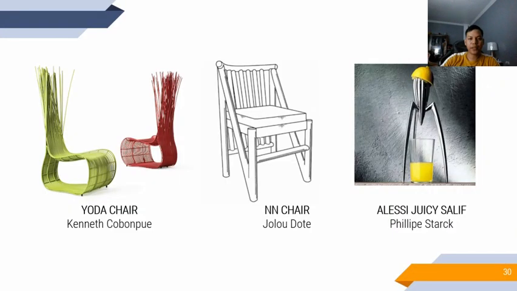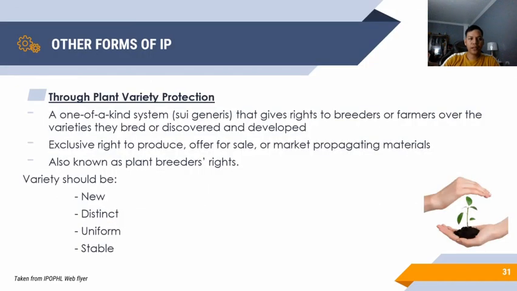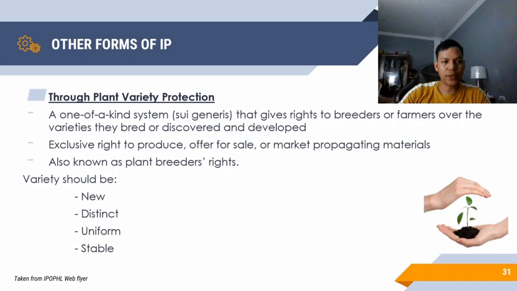So we have some examples of industrial design here. We have this Yoda chair, and we have a chair, and also Alessi Juicy Salif. These are examples of industrial design. And there are also other forms of intellectual property, such as plant variety protection.